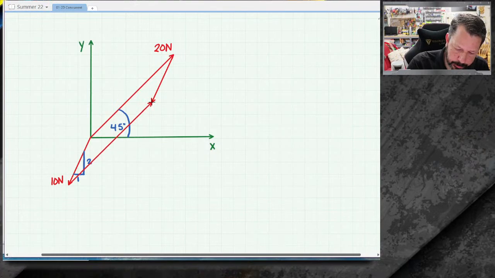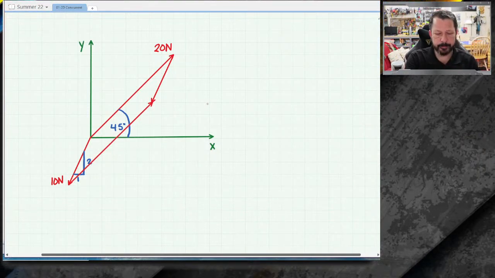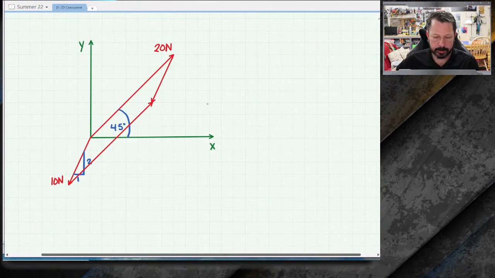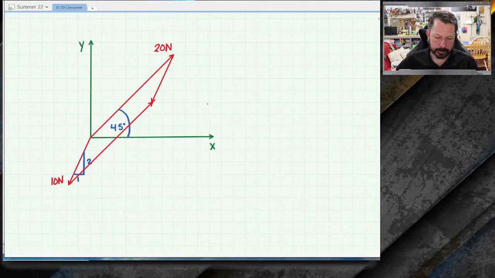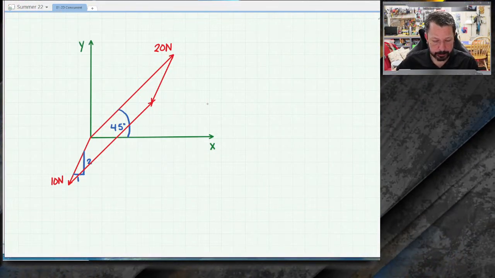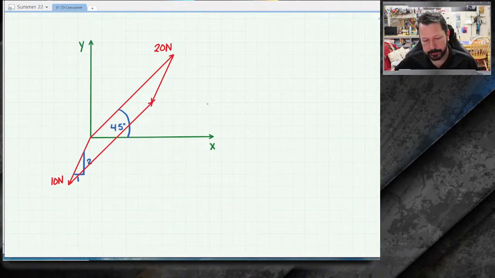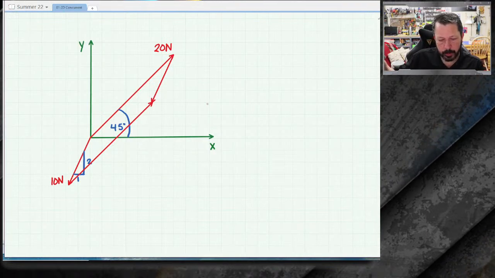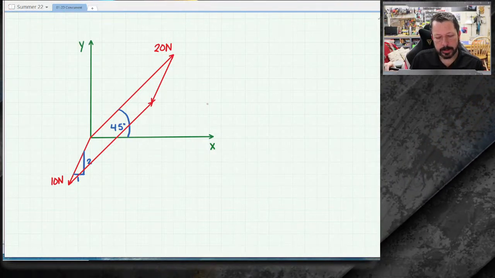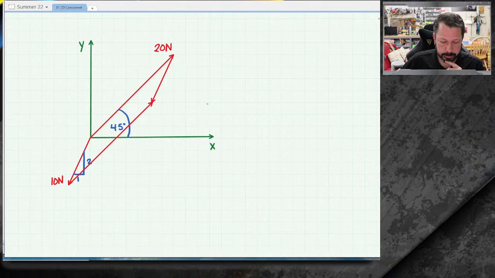So there's the other part of the parallelogram. I've made a parallelogram, a very skewed one, but it's a parallelogram. And if I draw a vector from the origin to that point where the other two meet, that'll be the resultant of this parallelogram.